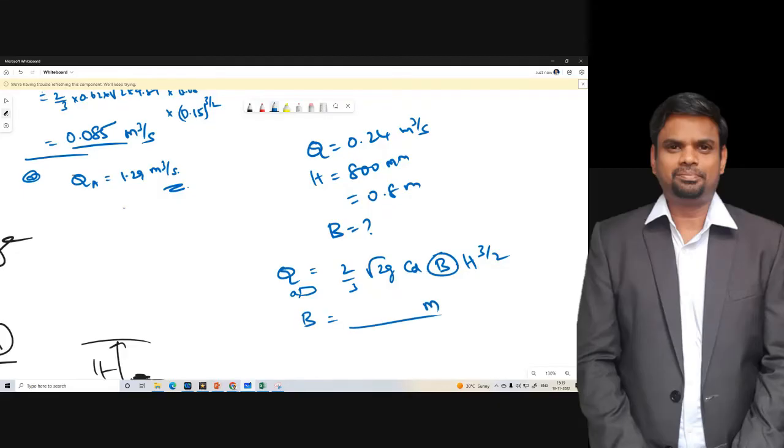Substitute the values. G is 9.81, CD is given 0.6, H value is given 0.8 meters, Q is known 0.24 meter cube per second. Substitute and rearrange to get the B value. So you will get a B value of around 189.189 meters, or you can write it as 189 mm.